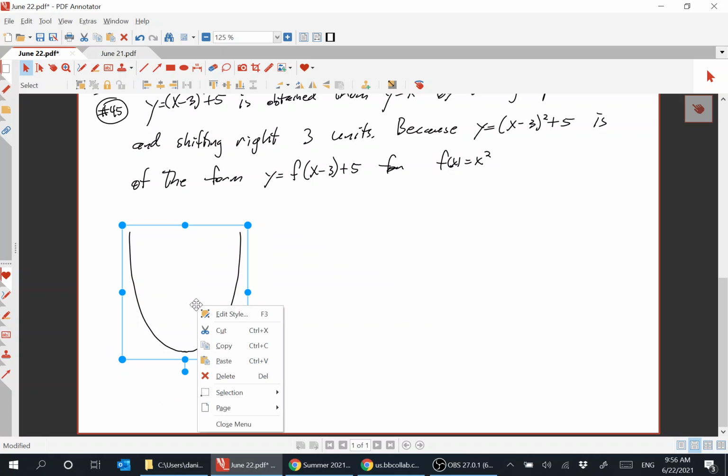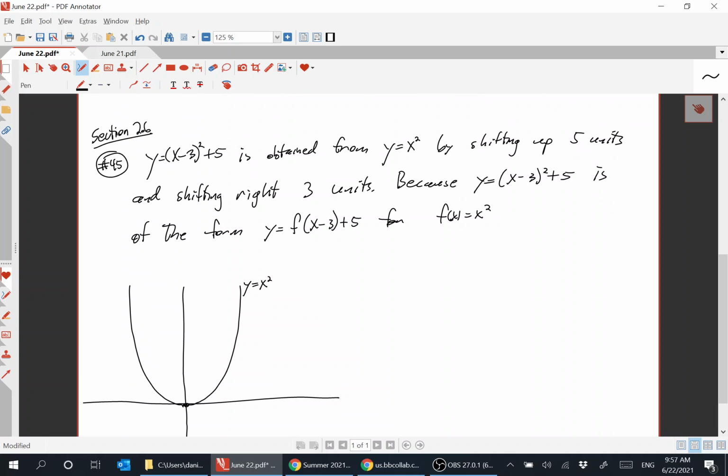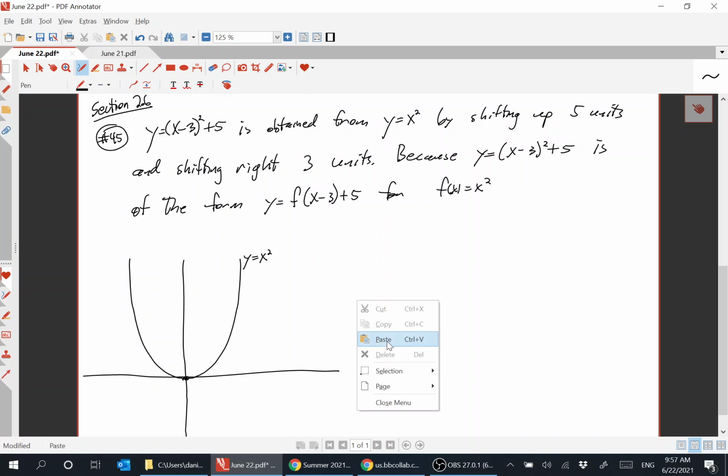So there's the parabola. So we've got the standard parabola in the xy plane. So here's the x-axis, y-axis. Now all we're going to do is shift it up 5 units and shift it right 3 units.